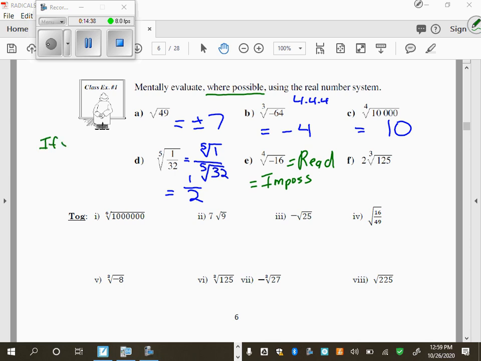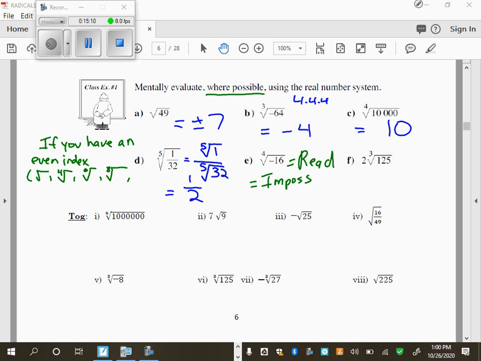If you have, write this down please, an even index, for example, square root, fourth root, sixth root, eighth root, it cannot be negative.